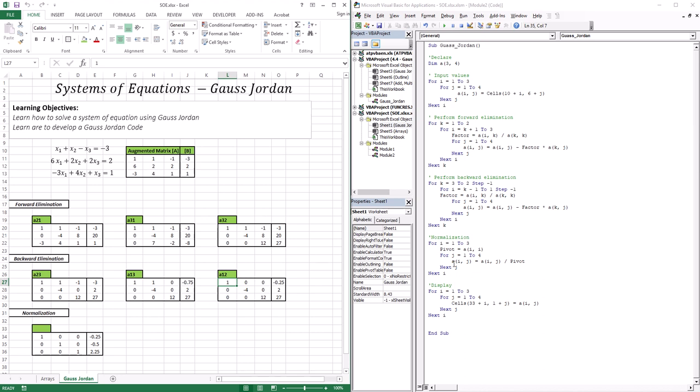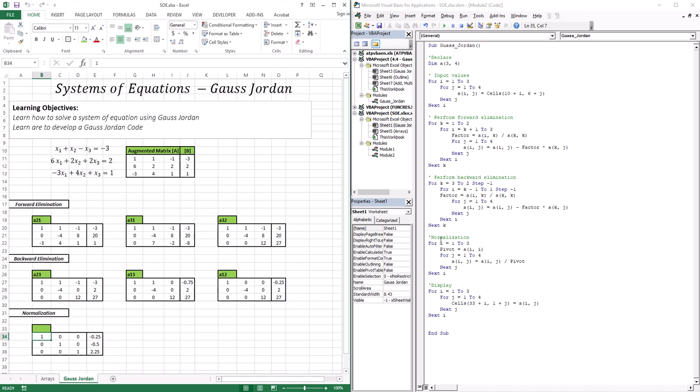Then for the second loop, A12 is equal to A12 divided by A11. For the third one, A13 is equal to A13 divided by A11. And for the fourth one, it's going to be A14 divided by A11. So you can see that with this code, I took A11 and divided everything in this row by it.